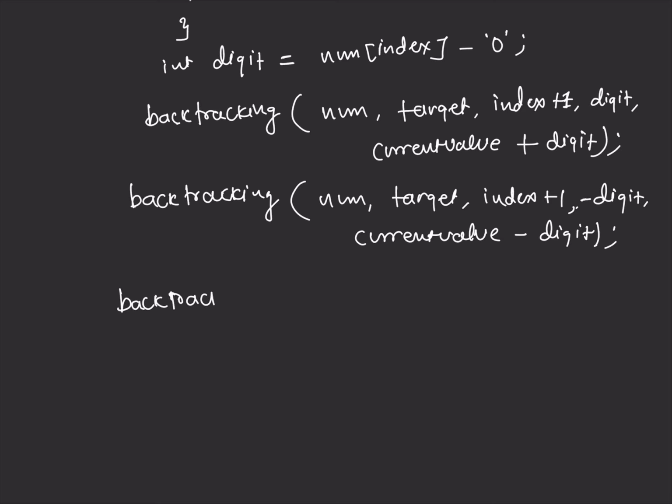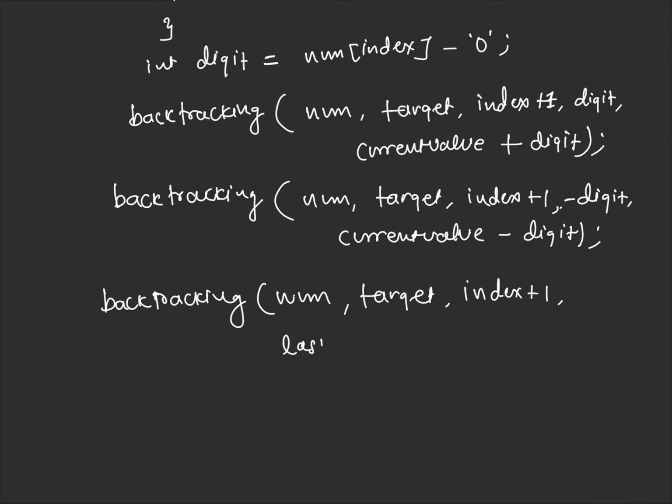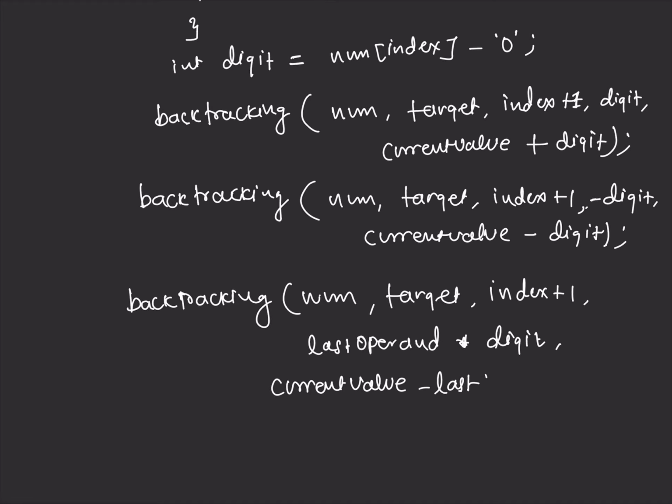So backtracking with num, target, index plus 1, then the last operand is last operand into digit, and the current value will be current value minus last operand plus last operand into digit. So this will be the multiplication formula.